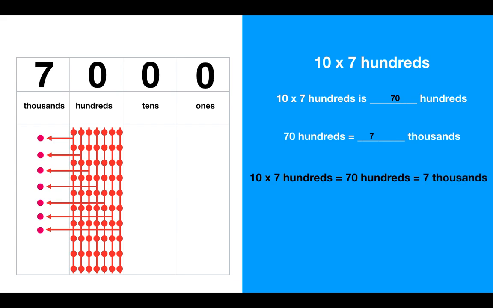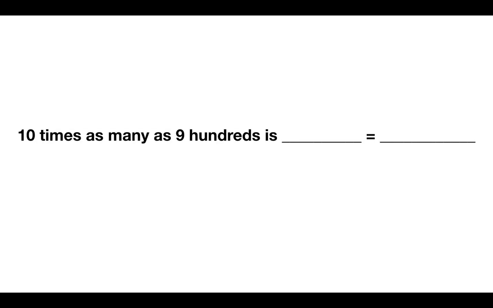In conclusion, 10 times as much as 7 hundreds is 70 hundreds or 7 thousands. Let's stop for our last brain break. 10 times as many as 9 hundreds is what or what?